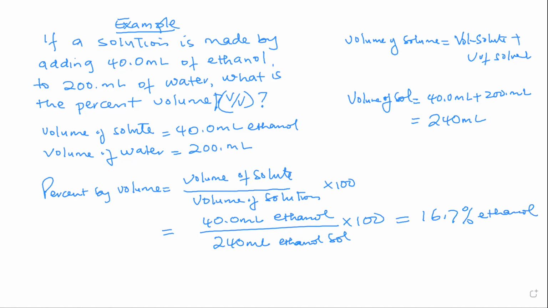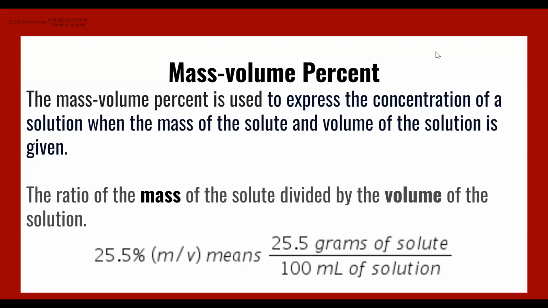That's about percent by volume. So let's look at mass volume percent. The mass volume percent is used to express the concentration of a solution when the mass of the solid and volume of the solution is given. Here we look at the ratio of the mass of the solid divided by the volume of the solution.